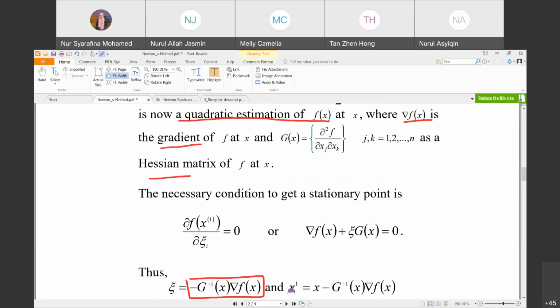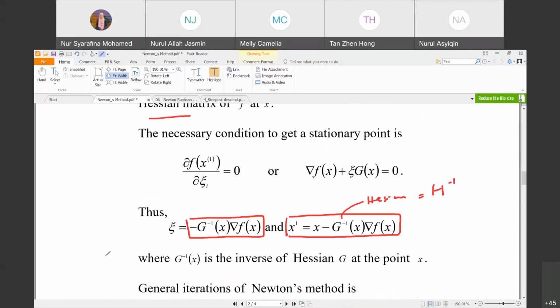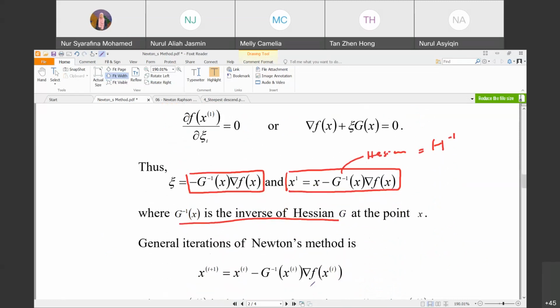This is the iterative formula: to update the point, x1 equals x0, the initial point, minus G inverse of x0 times delta f(x0), where G is the Hessian, so G inverse is the inverse of the Hessian. So the general iteration of Newton's method is given by this.